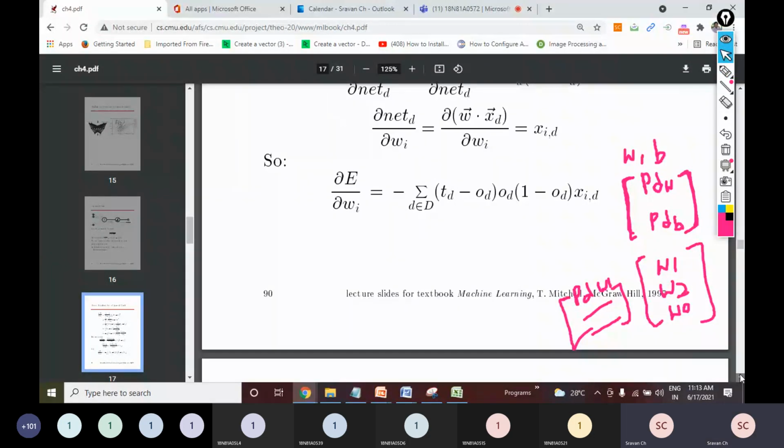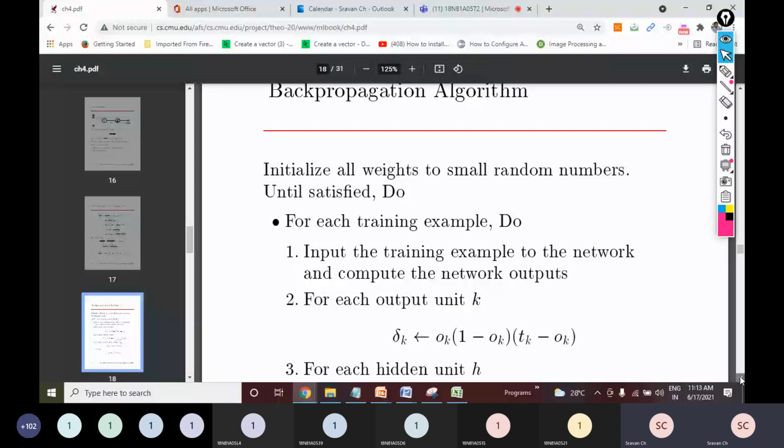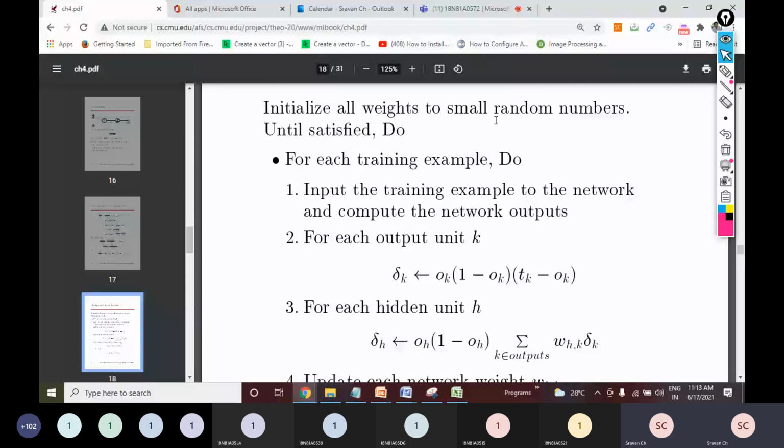And in the backpropagation algorithm, see here, initialize all weights to small random numbers, full stop. That is the first step. Until satisfied, do this.